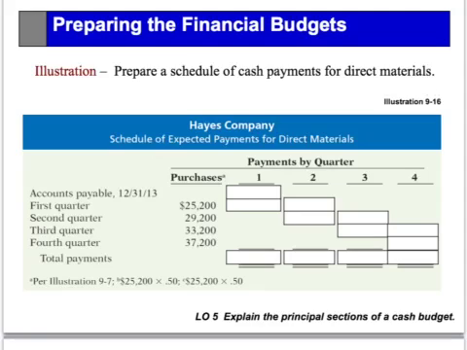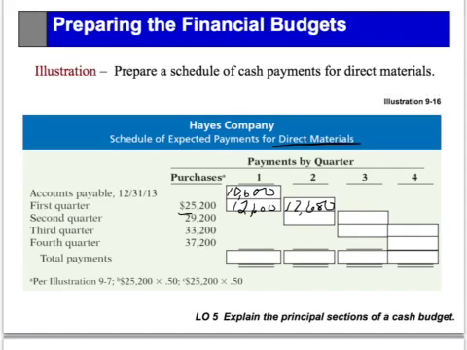Now for purchases that have to be paid on the direct materials, they tell us we're starting off with an accounts payable of $10,600, so we have to pay that in the first quarter. And we are going to purchase $25,200 in the first quarter. So we're going to have to pay half of that in the first quarter and half in the second quarter.